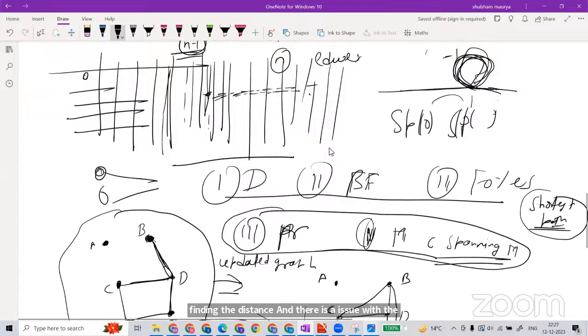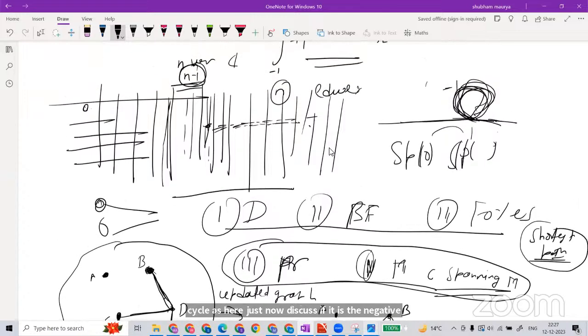If a negative cycle is there, then the distance will always be reduced. So how will you say this is the minimum distance, the shortest path? Because it is always reducing, you cannot say. That's why Dijkstra, Bellman-Ford and Floyd-Warshall will not work with a negative weight cycle.